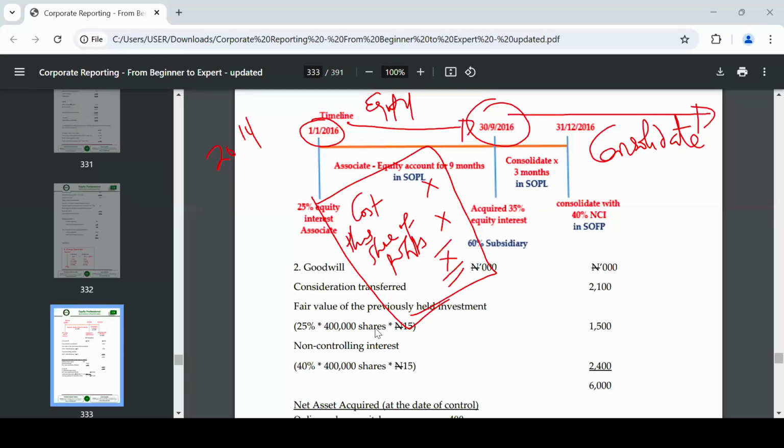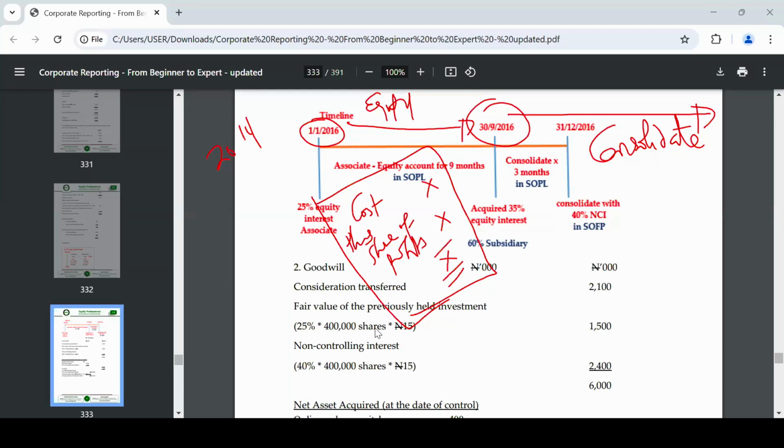I didn't do this in the first example because we're specifically told that even though they had 20% in that question, they did not have significant influence. But this one, they told us they have significant influence. So therefore, equity accounting means that the carrying amount of our investment should be the cost plus our share of the profits of the subsidiary. Okay?